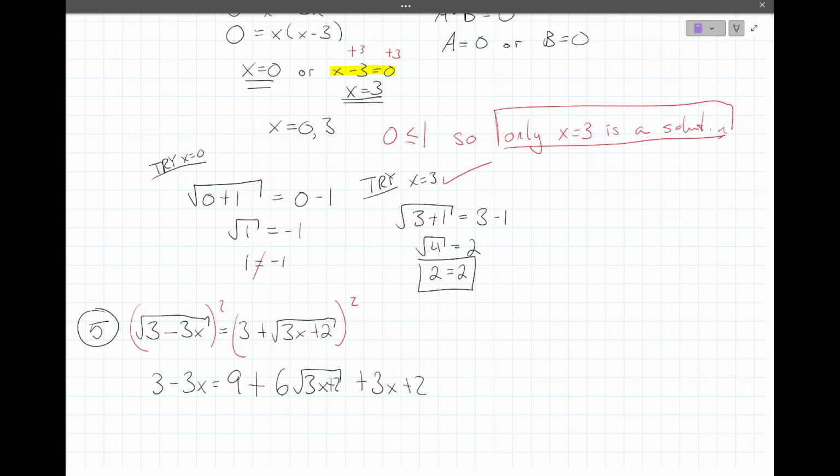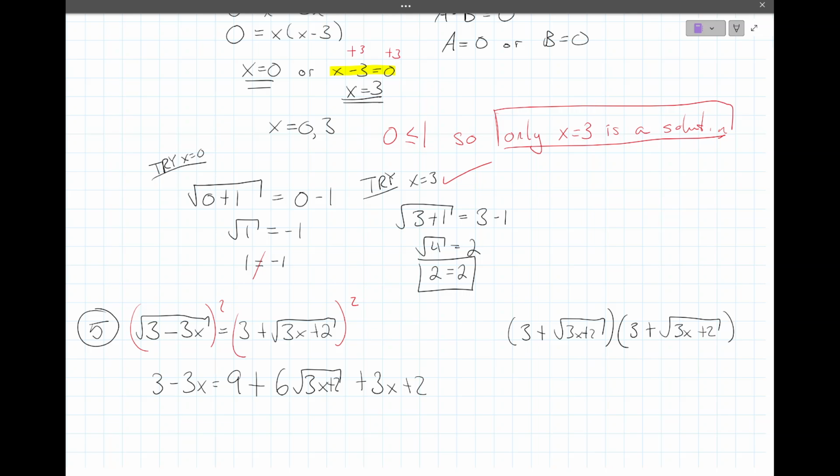If I FOIL everything out, if I did 3 plus root 3x plus 2 times 3 plus root 3x plus 2, what we notice is we're going to get a perfect square out of this, obviously, as well.